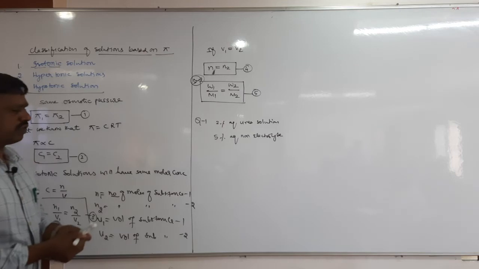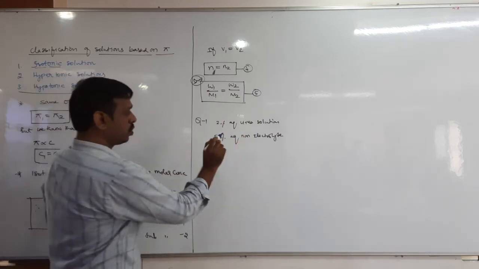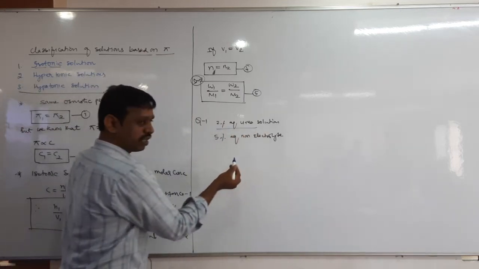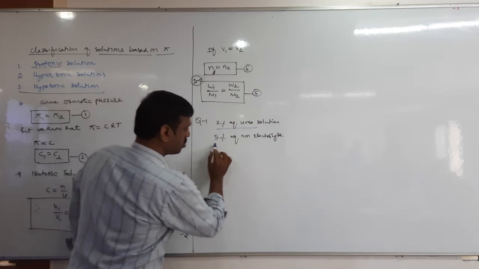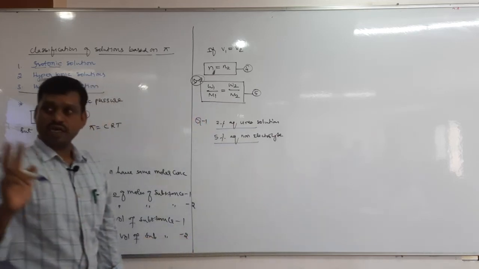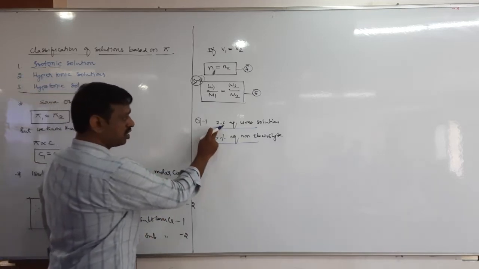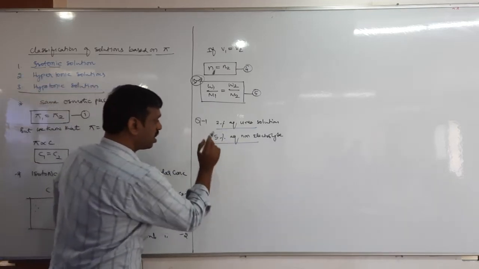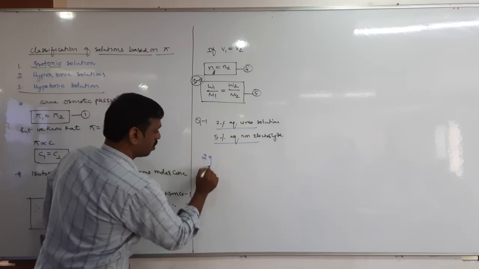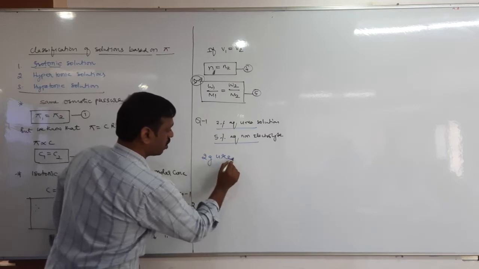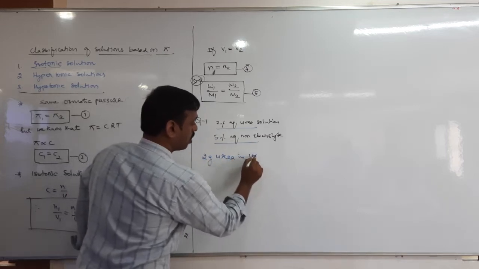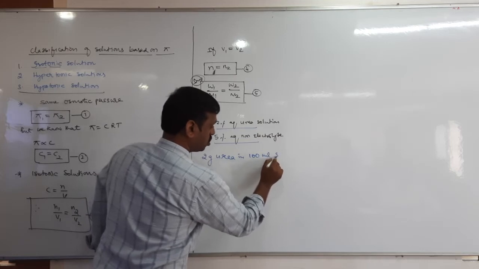See, here it's very simple. Given that 2% urea solution is isotonic with 5% non-electrolyte. There are two substances, one is 2%, the second one is 5%. What is the meaning of 2%? 2 gram urea in 100 ml solution.